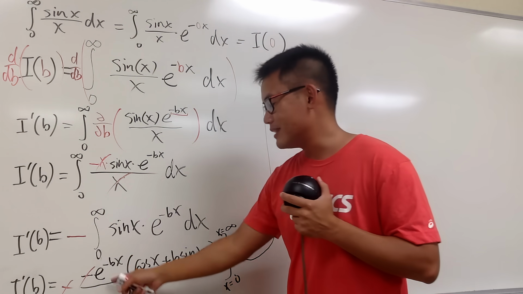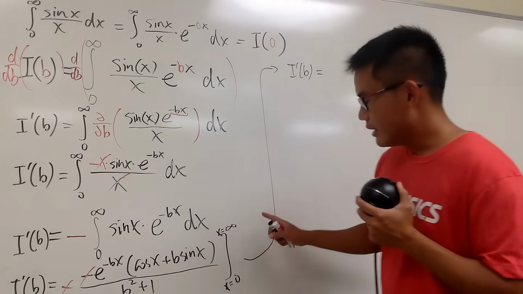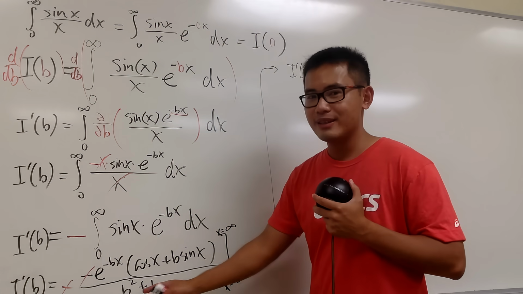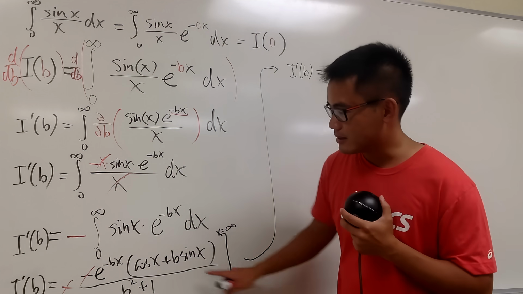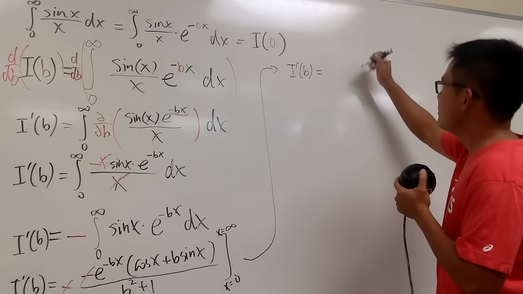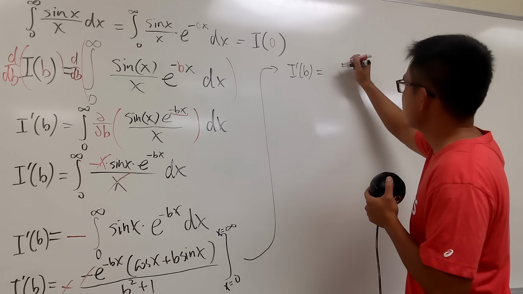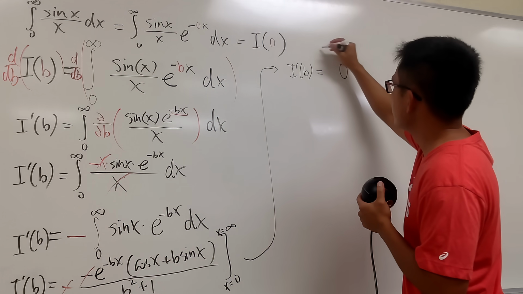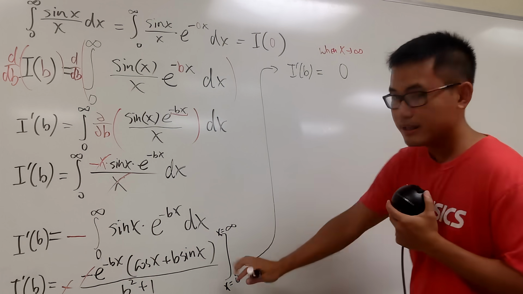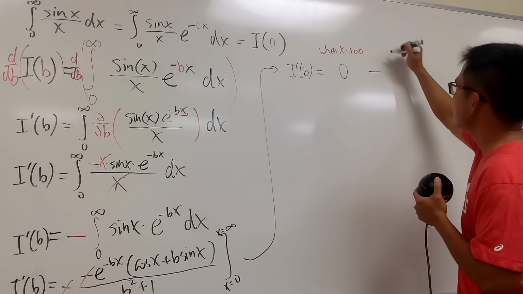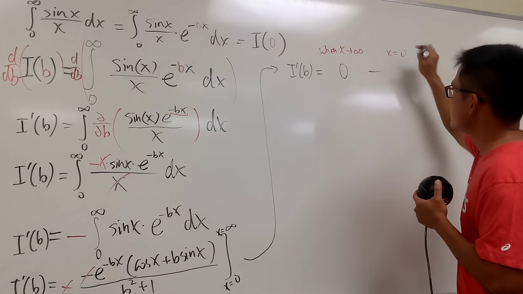Anyway, just trust me that this is going to go to 0 when x goes to infinity. And we have to subtract when x is equal to 0. Let me write this down. I'll just say this is 0. This is when x goes to infinity. And then we have to minus when x is equal to 0.